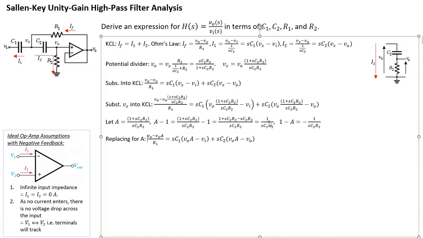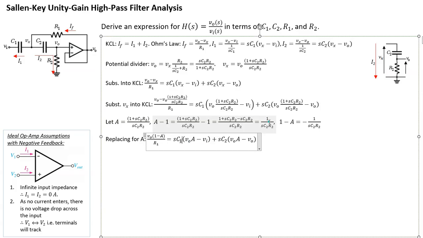Because there's VO in both, it becomes v underscore O for output, and bracket 1 minus A, factorizing VO. On this side, I'm going to expand it because there's not much I can do here.